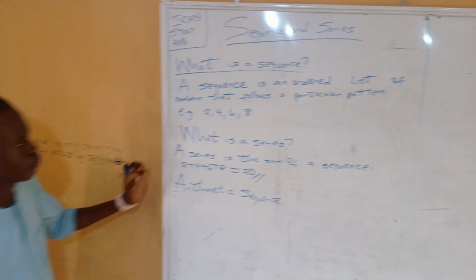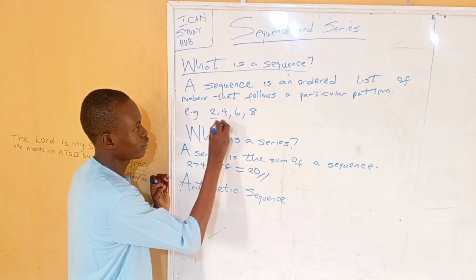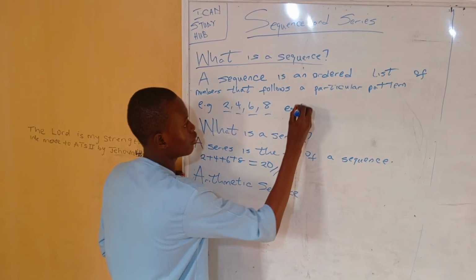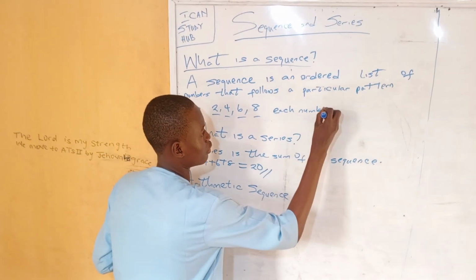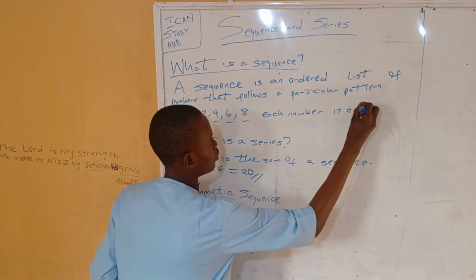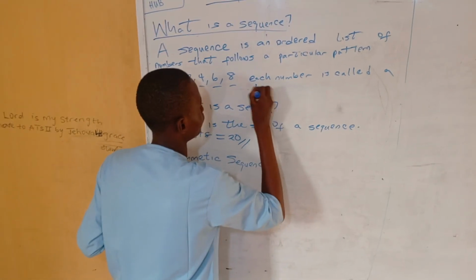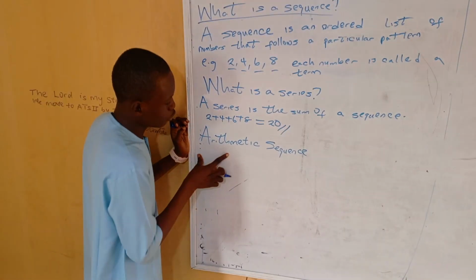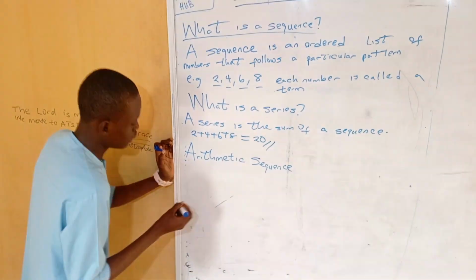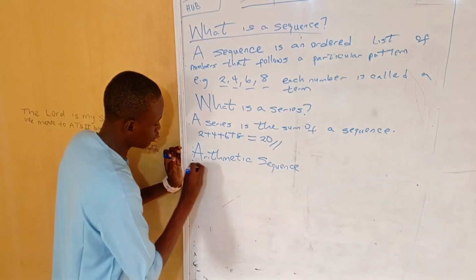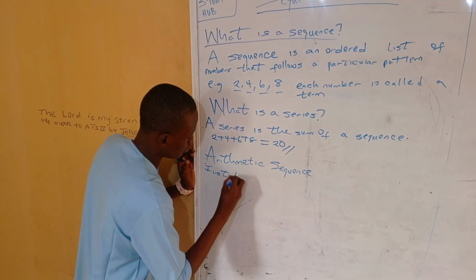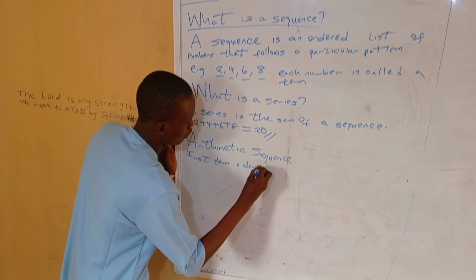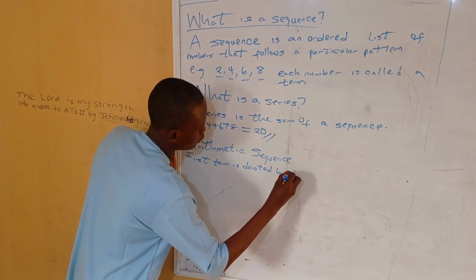First, in a sequence, each element, each number here, is called a term. The first term in an arithmetic sequence is denoted by a, small a.